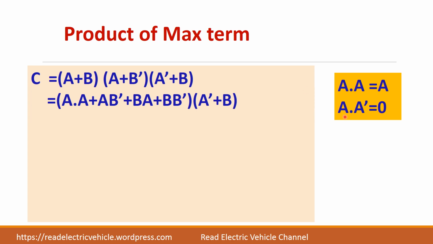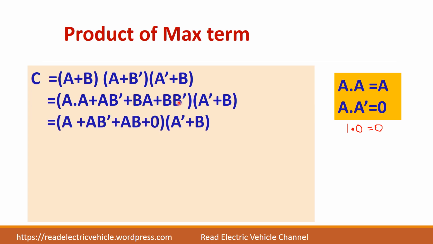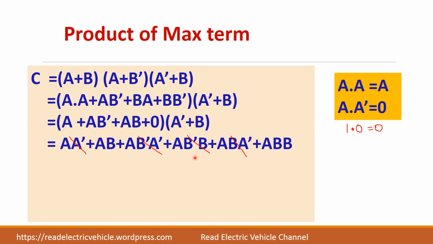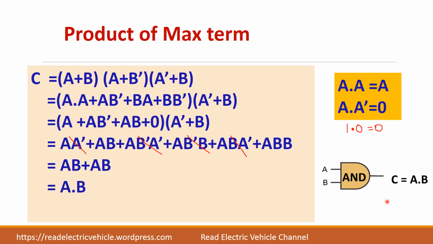That is, a variable and its complement multiplication will always give you a 0. See here, 1 dot 0 will always be 0. So you can discard this term. So here A dot A becomes A, AB dash plus AB, plus this term becomes 0. Again multiply these terms with the third one and simplify it, you will get A dot B. So this is the output expression for AND gate.